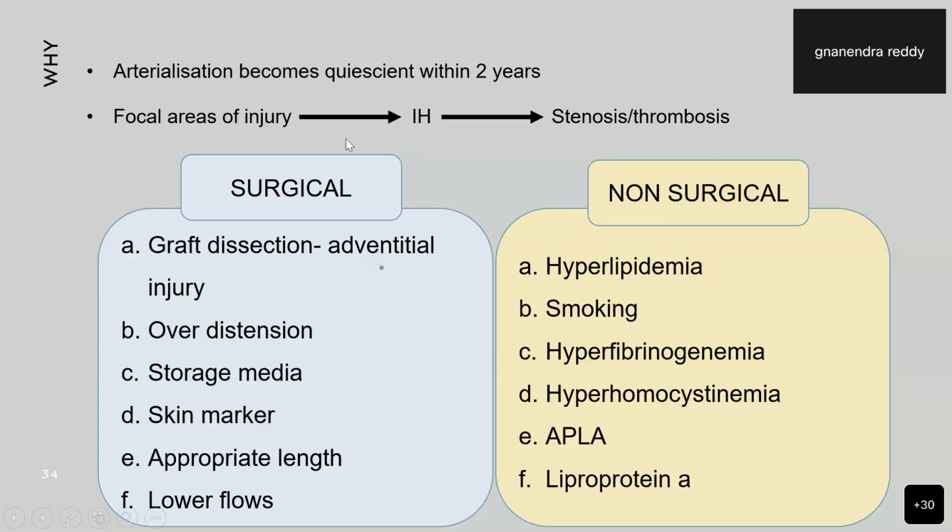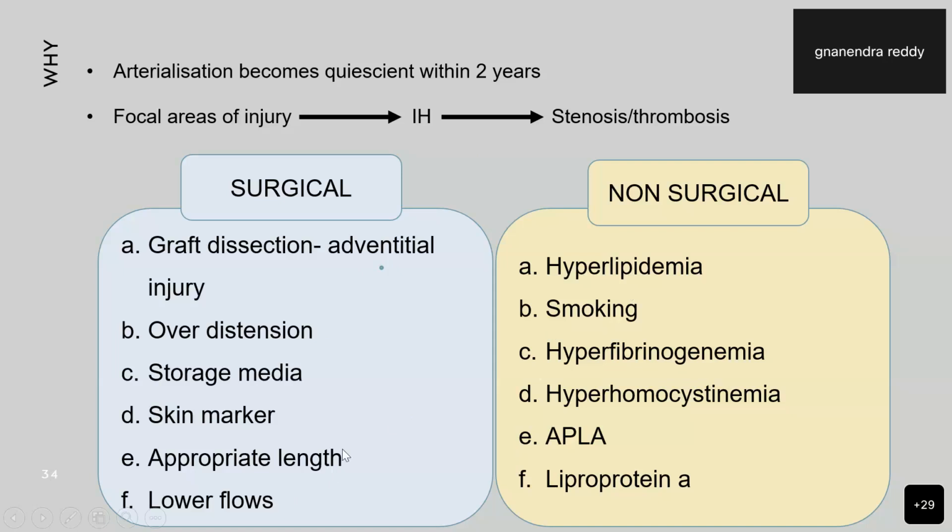The surgical causes for this include graft dissection, with possible adventitial injury, and overdistension during vein dissection or when we check for leaks after the vein harvesting. Also the storage media we use, the skin marker we usually use to orient the vein, the length of the vein graft and how it is oriented, and the distal outflow.